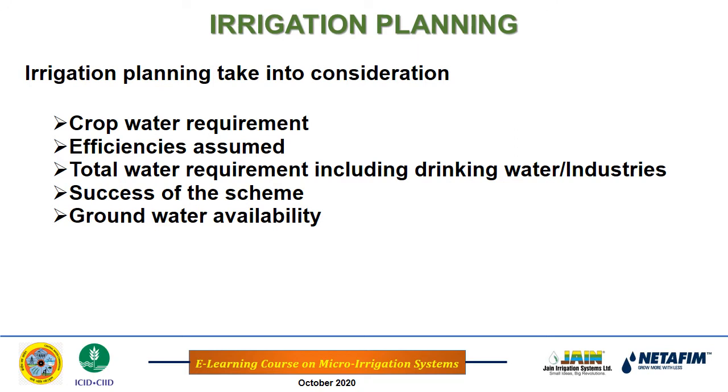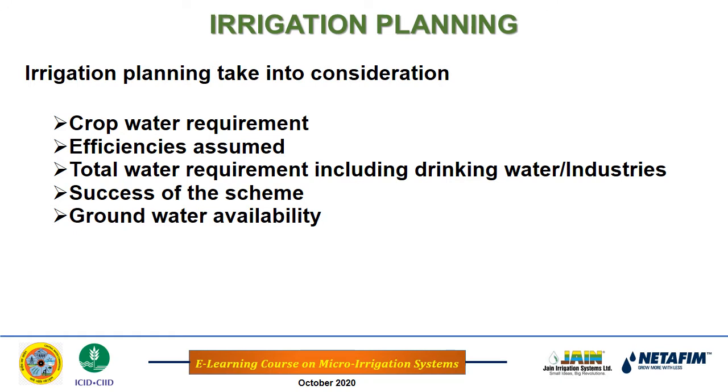So based on that, there would be certain canal conveyance efficiencies, and if we are using conventional irrigation methods, there would be certain application efficiencies, and similarly if we are using drip or sprinkler, there would be certain efficiencies associated with them which we would assume and take into account while working out groundwater requirements.